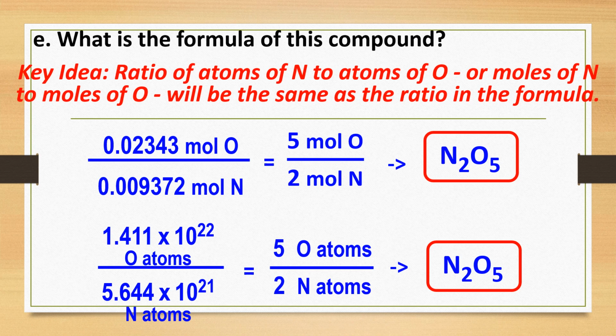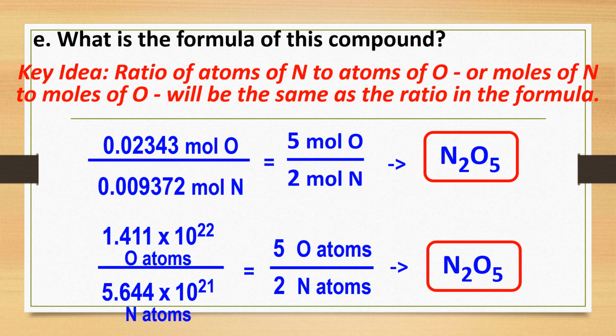For example, here we have 5 moles of oxygen and 2 moles of nitrogen, compared with 5 moles of oxygen on top. In decimal, this looks something like 2.5. That means you need to remember that you have 5 moles of oxygen at the top. If you reverse that, this decimal number will look something like 0.4.